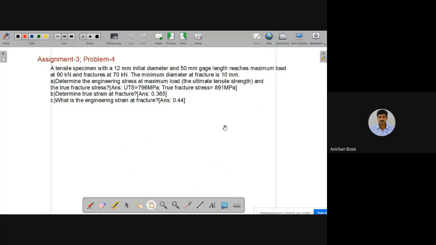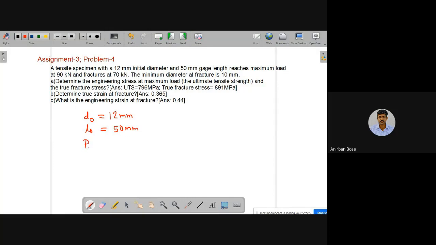So this is again another problem related to tensile test, where the tensile test specimen has a 12 millimeter initial diameter. So quickly note down the information. So specimen having a 12 millimeter initial diameter. So D0 is equal to 12 millimeter. Then initial gauge length is 50 millimeter and it reaches a maximum load.